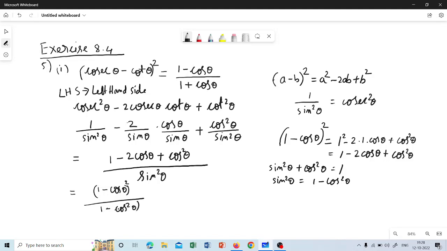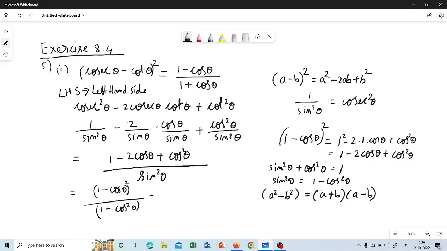So now after seeing this, how will we simplify it further? We know the algebraic identity. Again, these three identities are very important algebraic identities. a square minus b square is equal to (a plus b) into (a minus b). So now I can write 1 square minus cos square in terms of this.